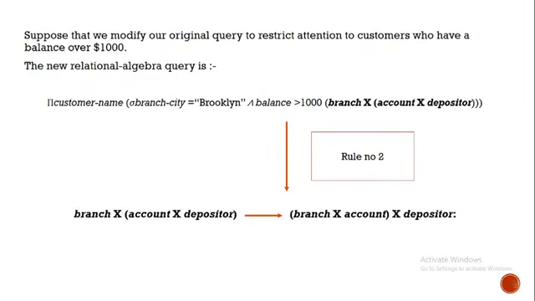So applying rule number 2, we are now joining branch and account first rather than joining account and depositor first.